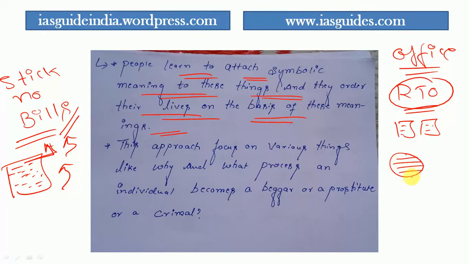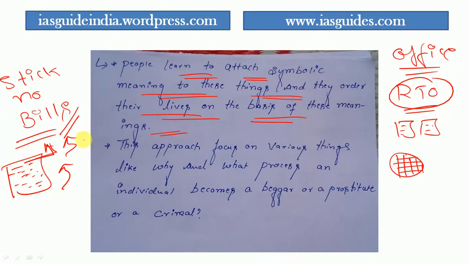Red light indicates you have to stop at the signal, green light indicates you have to go. Who taught this? Red light means a symbol of danger, green signal means an indication of non-danger. That is the reason for the red light and green light signals. People have constructed this meaning, people attach meaning to them.